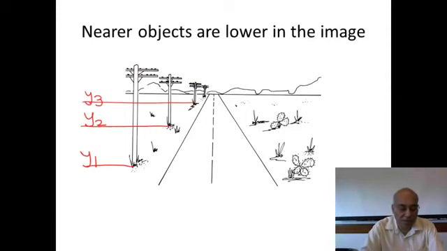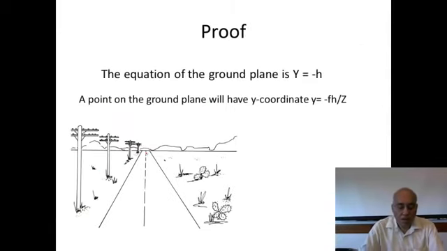lower in the image, as you see here by considering the poles and the bottoms of these poles in this diagram. How do we go about proving this? That's the question. So let's start by noting that all of these objects are on a ground plane. So on the ground plane, the following is true. The y coordinate in the world satisfies the condition that y is equal to minus h.